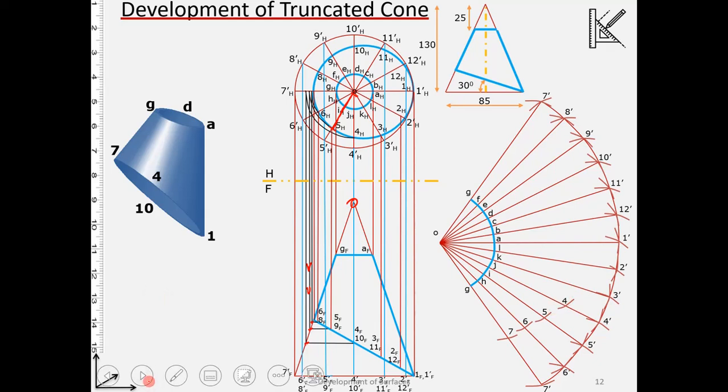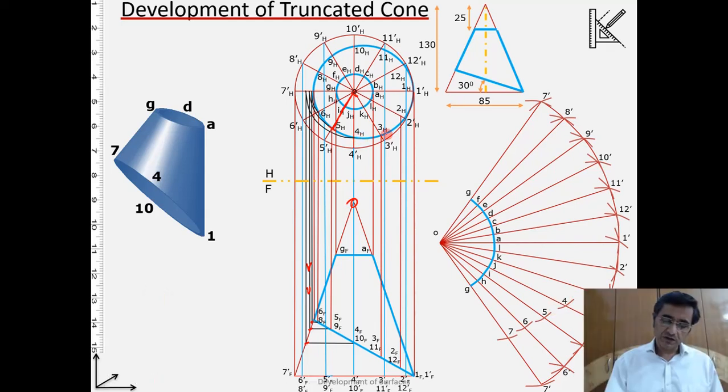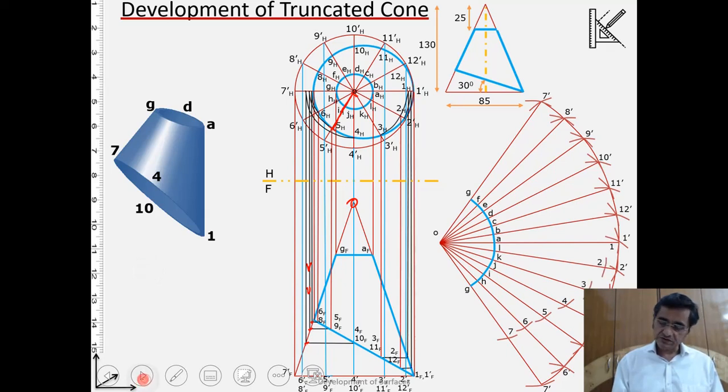Similarly, now I can do it for the points on the other side, say 3, 2, 1. If I do it for point number 3, 2, 1, the process is the same. Whatever I have done over here, the other side is again similar to that. So I can carry on this same exercise and locate the other points.